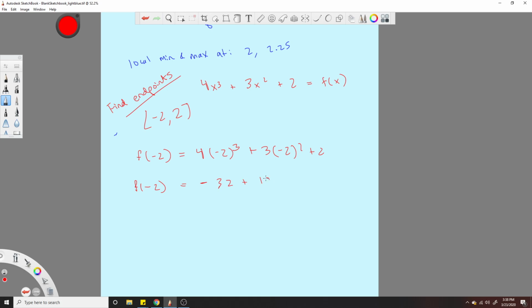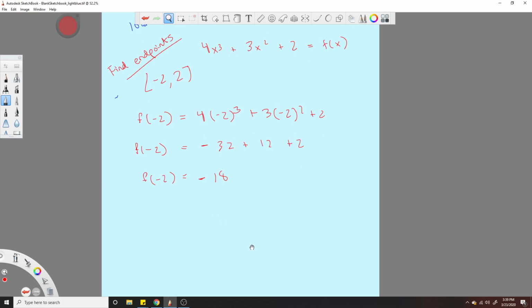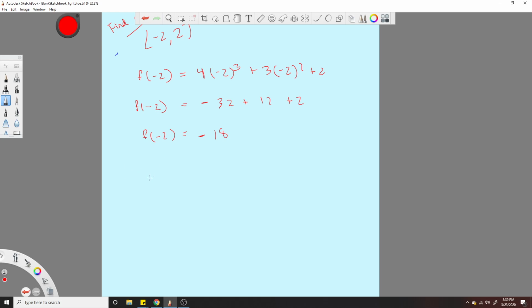This will result in -32. This will result in a +12. This will result in a +2. f of -2 will finally come to -18. Now we'll plug in f of 2. 4 times 2 cubed plus 3 times 2 squared plus 2.